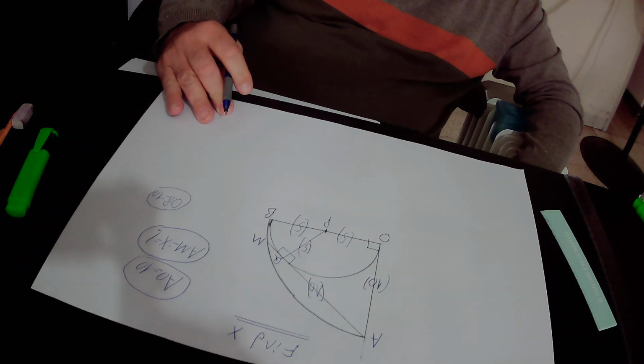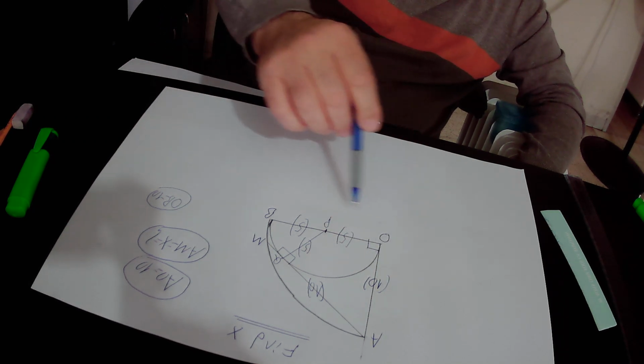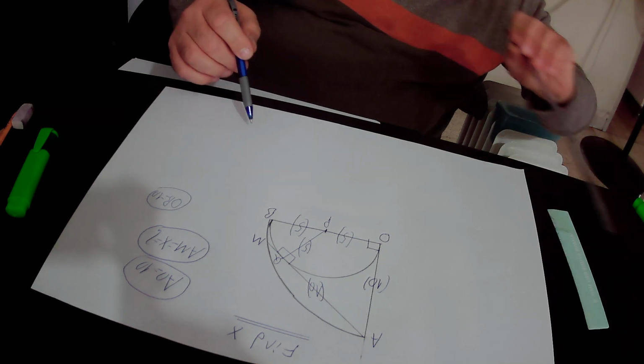In the next step, we'll extend line segment AM and line segment OB by a straight line until they touch each other.